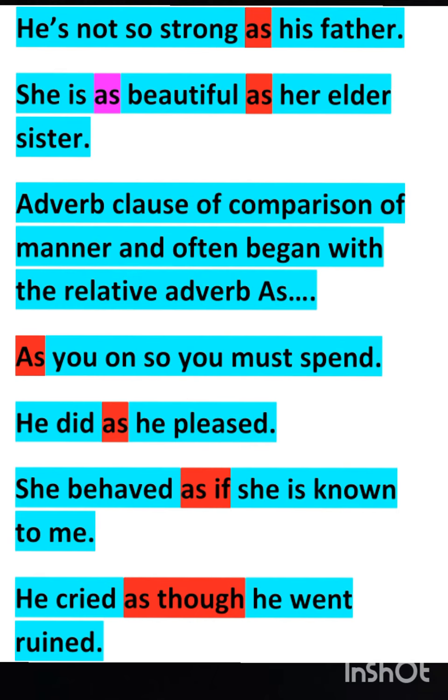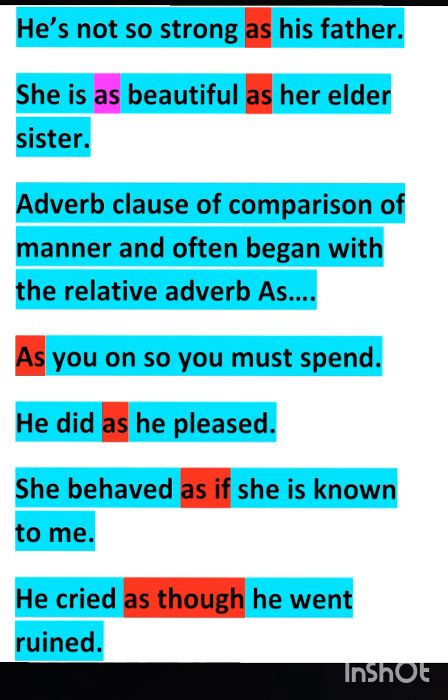Next one is adverb clause of comparison of manner. How? It often begins with the relative adverb as. As you earn, so you must spend. He did as he pleased. She behaved as if she were known to me.